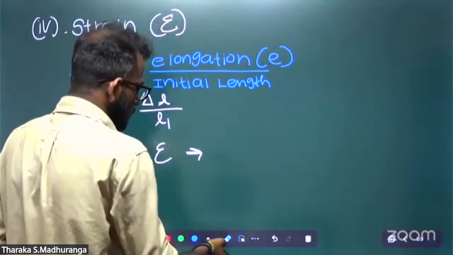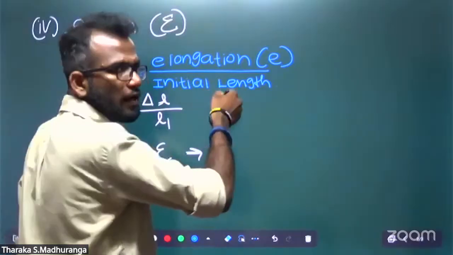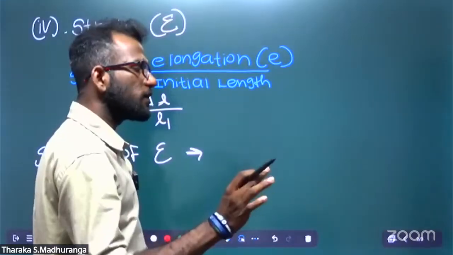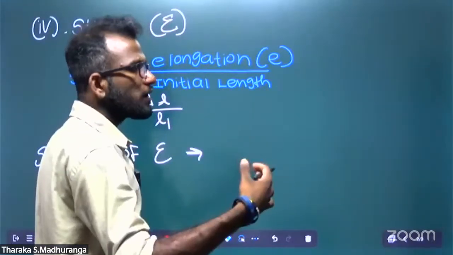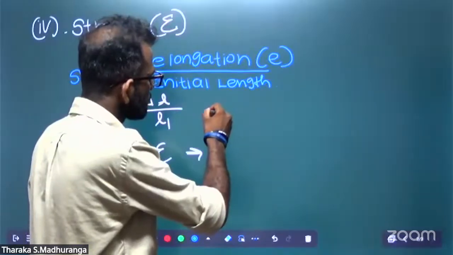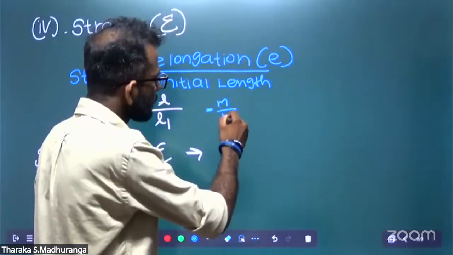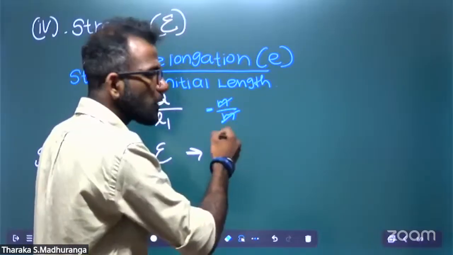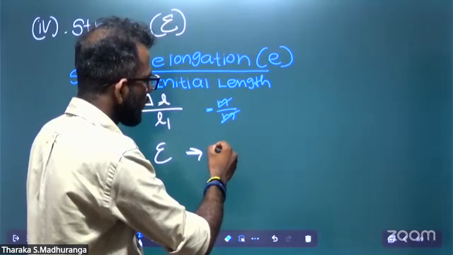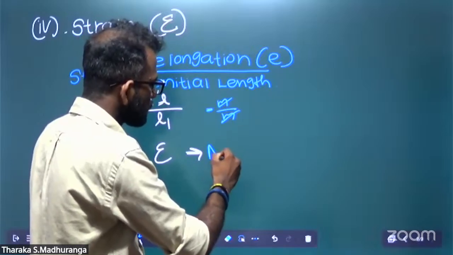Why? The unit of delta L, the elongation, is meter. The unit of the initial length L1 is also meter. Then meter over meter cancels out. Therefore, strain doesn't have any unit.